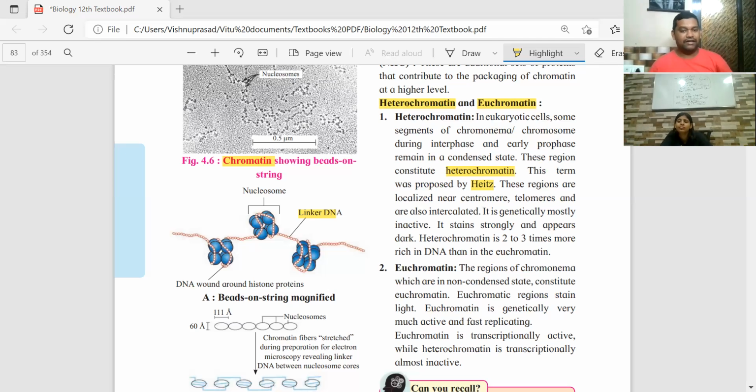That's why in human beings, if you observe a cell under the microscope, you will find a darkly stained portion inside the cell if it is taken from a female. See, एक experiment किया जाता है.